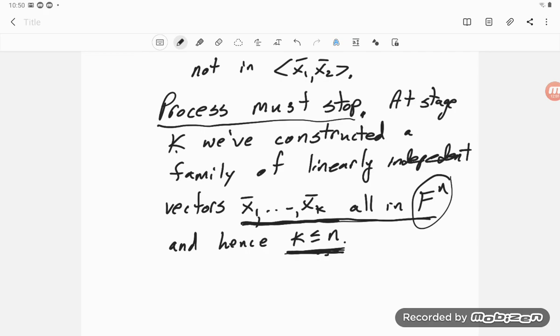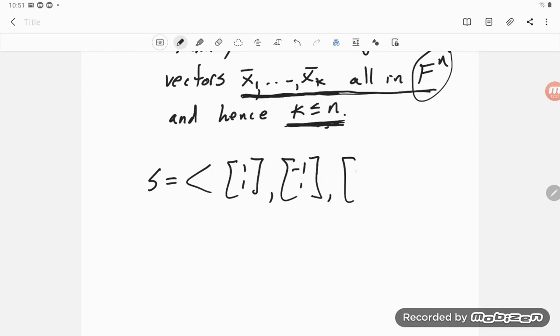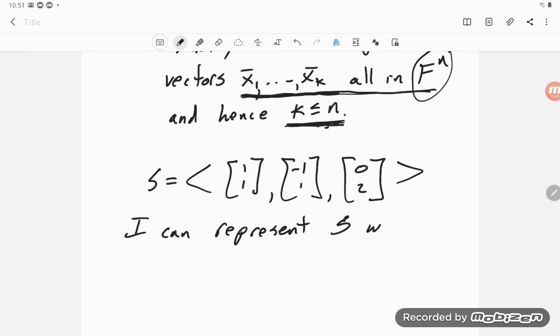But this is important in that it says if I let S equal the span of 1, 1, negative 1, 1, and 0, 2, actually I can represent S with fewer vectors.